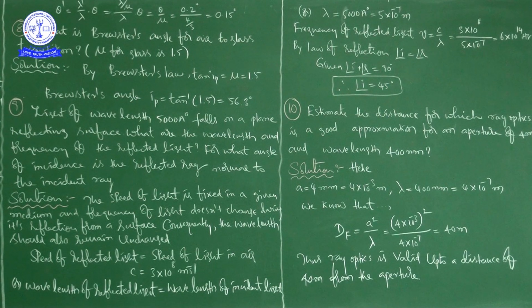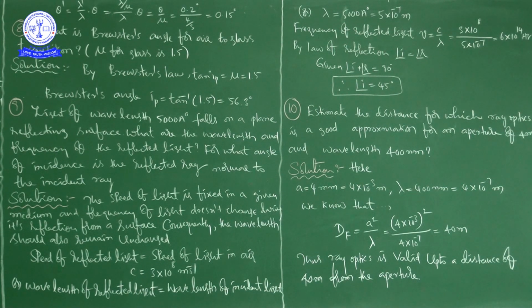Okay, right. Next, by the laws of reflection, you know, angle of incidence is equal to angle of reflection. It is the first law of reflection. In the same class I told you a couple of minutes ago what the laws of reflection are.